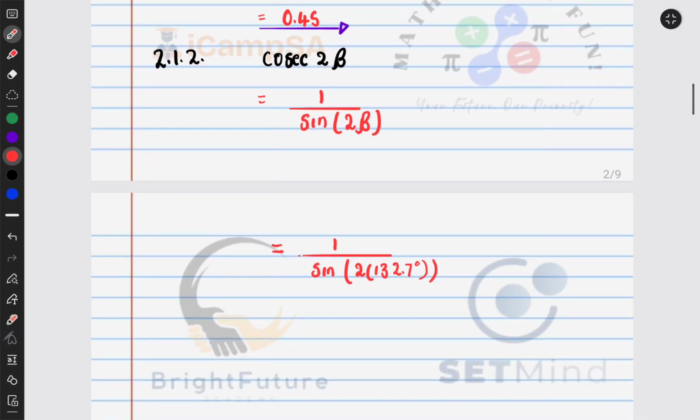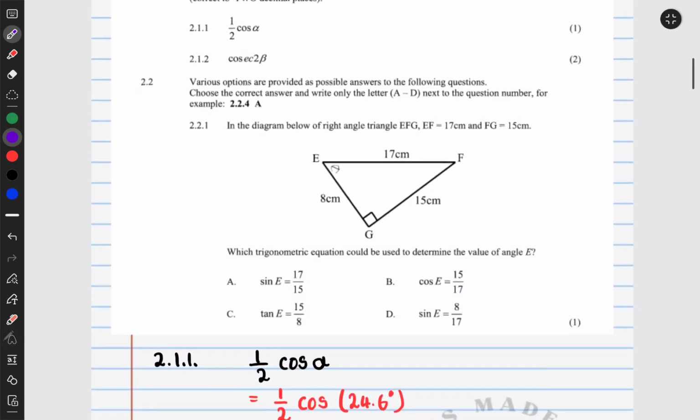You punch this in a calculator as it is, or you can start by multiplying the 2 with 132.7 degrees, and then the answer is negative 1.00 to 2 decimal places. Okay, and that is 2.1.2.